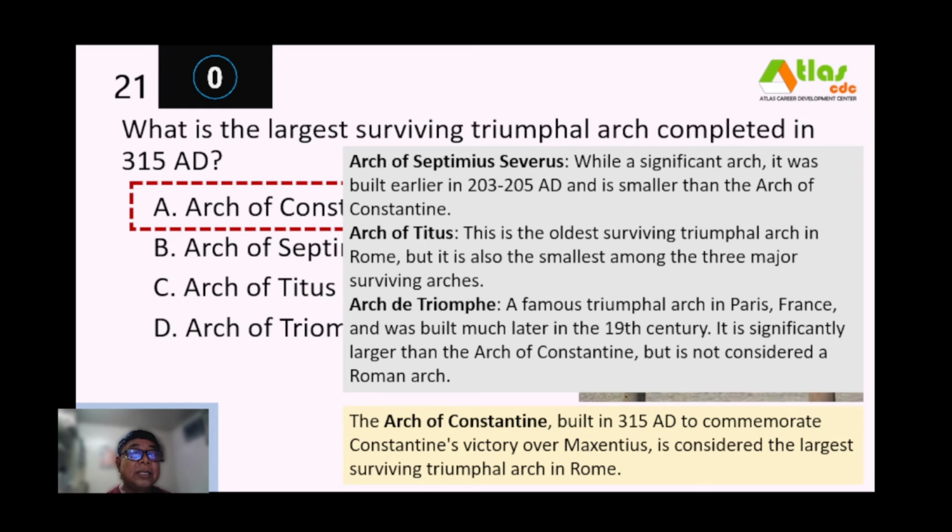The Arch of Titus is the oldest surviving triumphal arch in Rome, but is also the smallest among the three major surviving arches. And the Arc de Triomphe is a famous arch in Paris, France, and was built much later in the 19th century. It is significantly larger than the Arch of Constantine, but is not considered a Roman arch.